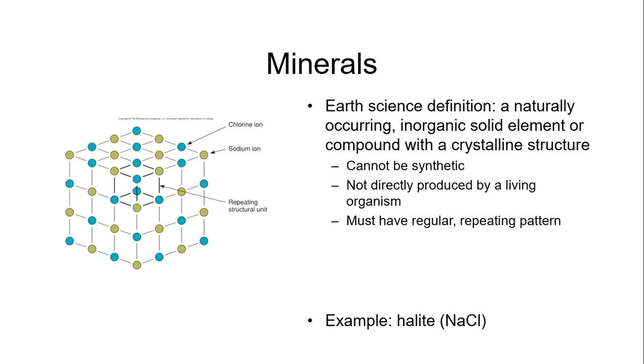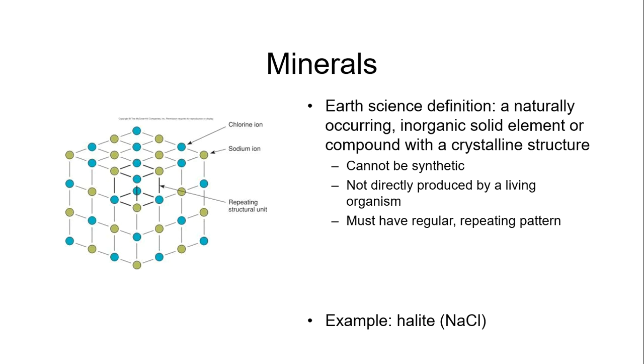So a mineral is a naturally occurring inorganic solid element or compound with a crystalline structure. Basically, it is a naturally occurring substance where you have a repeated pattern in the orientation of atoms.